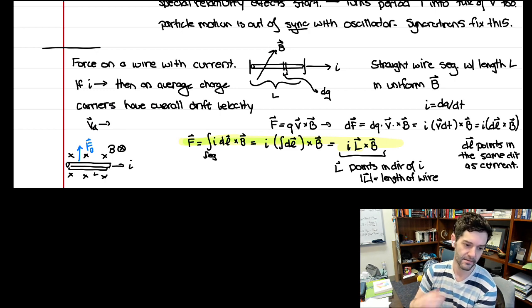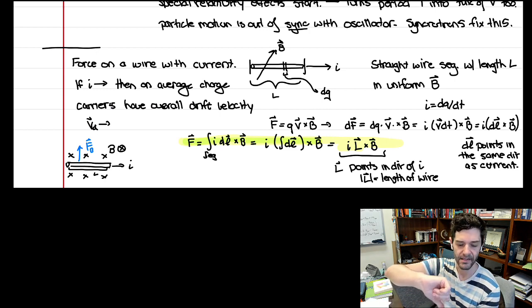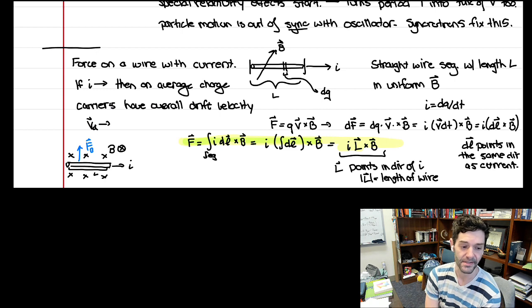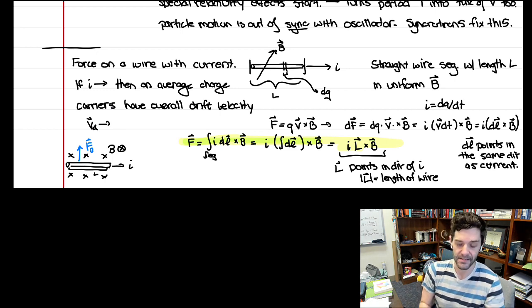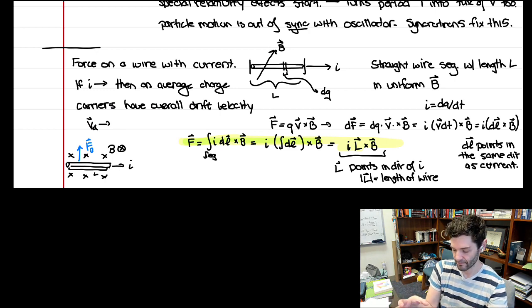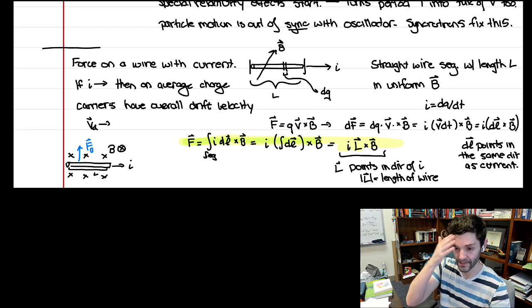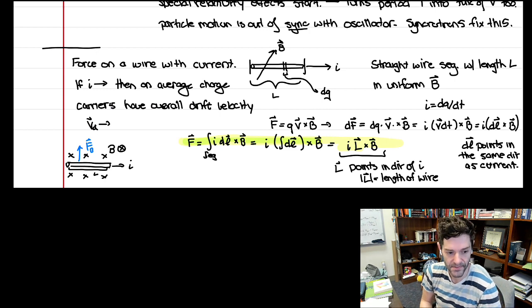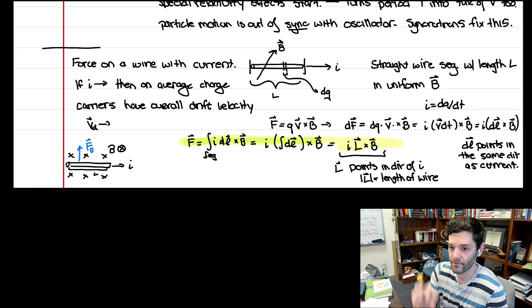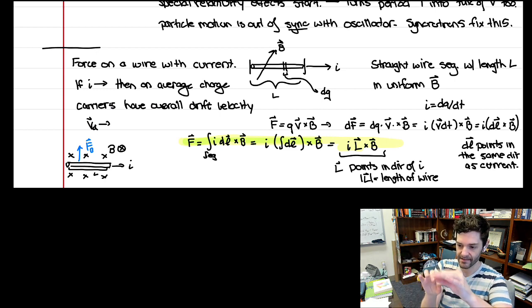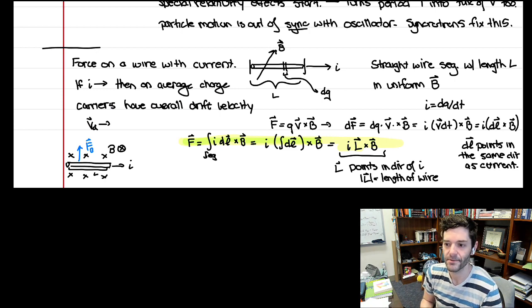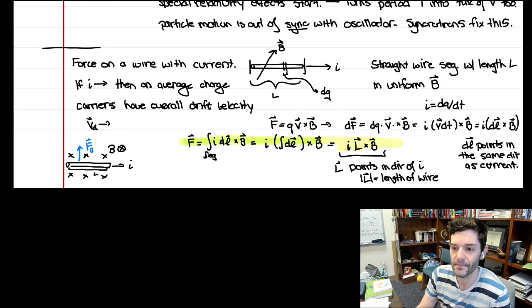Well, with negative charges, I have to flip it because it's negative charge, and you actually do get the same force that also points up. Okay, well that's at least good, because whether it's conventional current or actual current, we should get the same physical result in terms of forces. But then there's the Hall effect, where within the wire or some sort of conductor, we can see that whether it's positive or negative charges, you do get these subtle little differences.